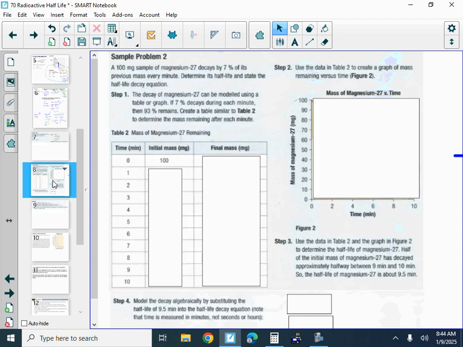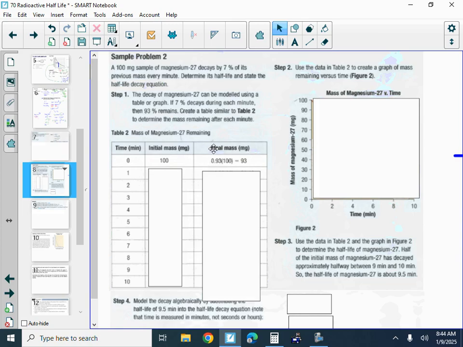This one is supposed to kind of show you the idea of calculating step by step and seeing the relationship as well. So if we had 100 milligrams of this substance and 7% decays during each minute, then the final mass here is the 93% that's left after the 7% is taken away.